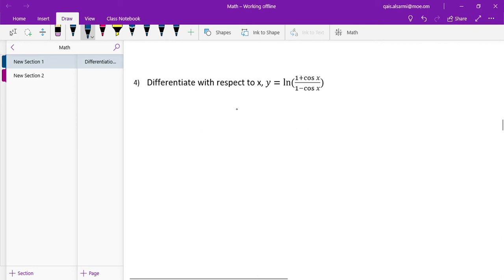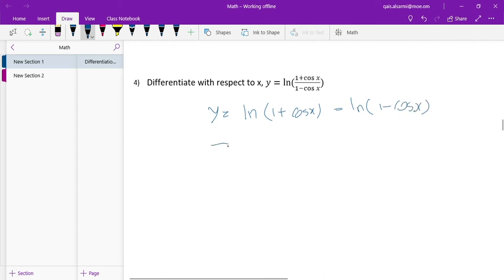What is the rule of ln here? When we have a over b, we can write it like this: ln(1 plus cosine) minus ln(1 minus cosine).